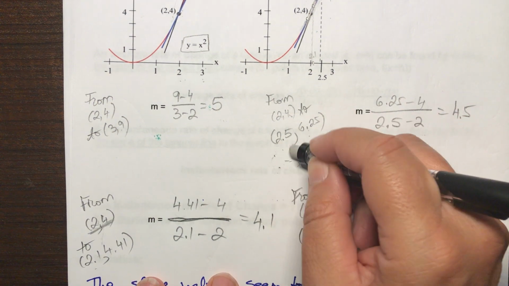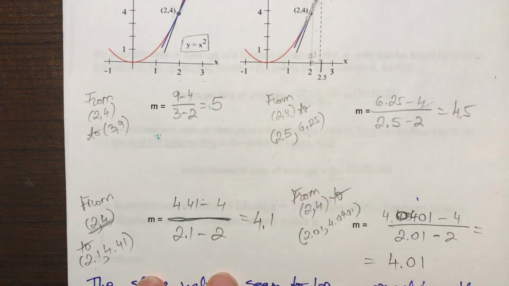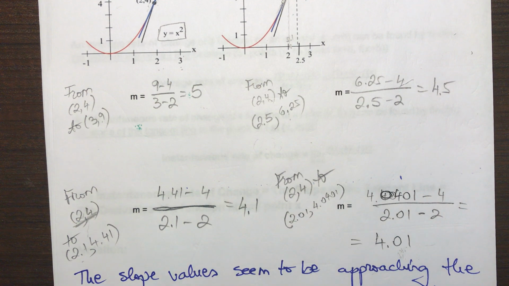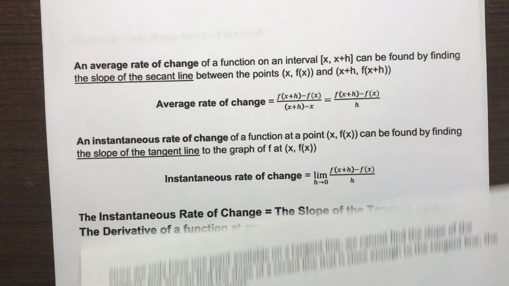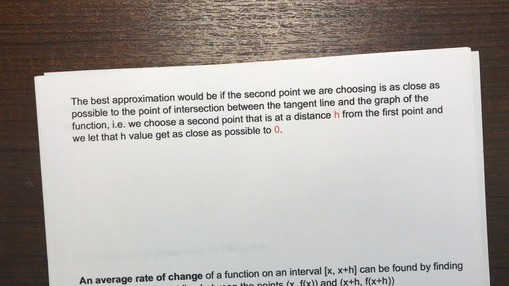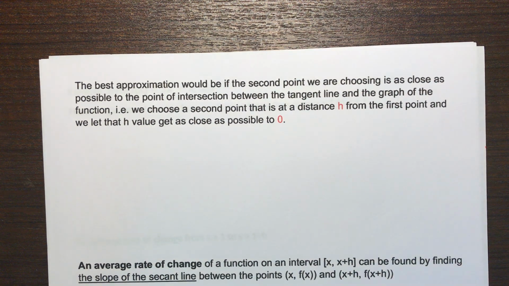The point is that you would have definitely got another value very close to 4. Okay, all right. So, what is our conclusion for this first part of the section?